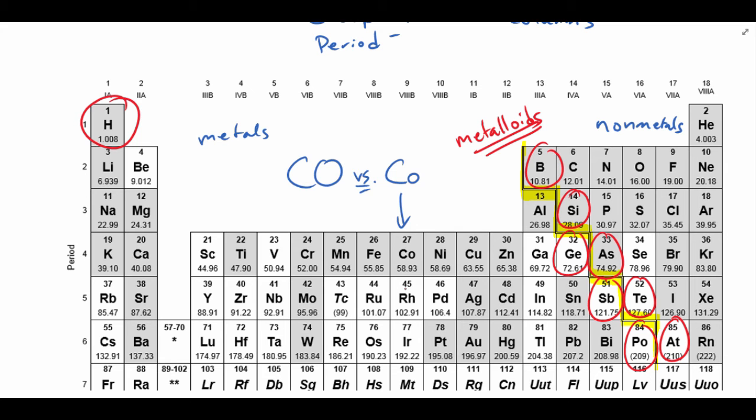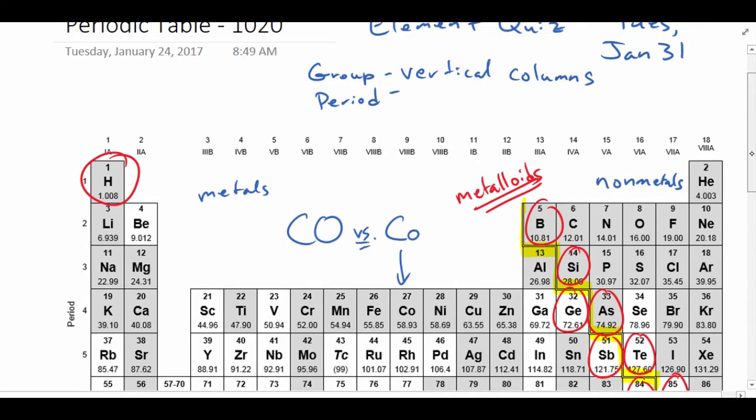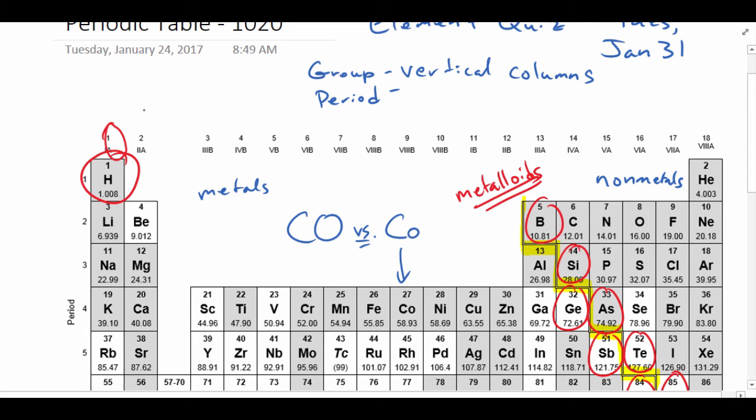Let's look at another term. We have the elements of group 1. Elements of group 1, we refer to these as the alkali metals. Now the alkali metals, of course, if they're metals, they cannot include which element? Hydrogen, because hydrogen is a gas.